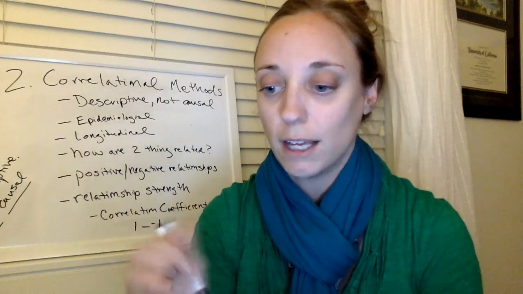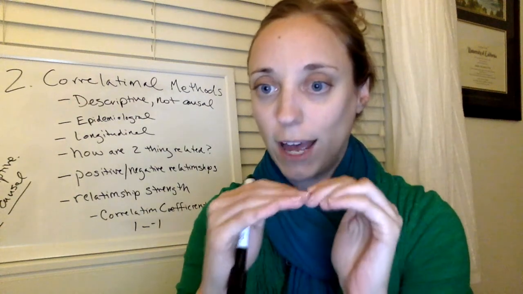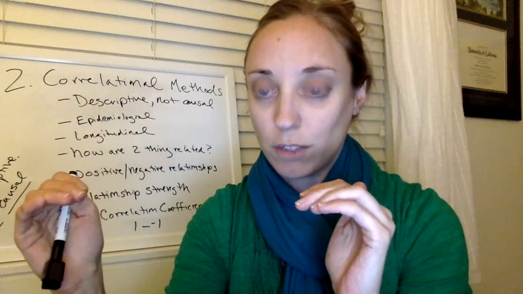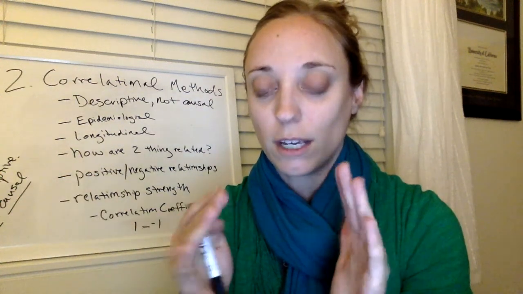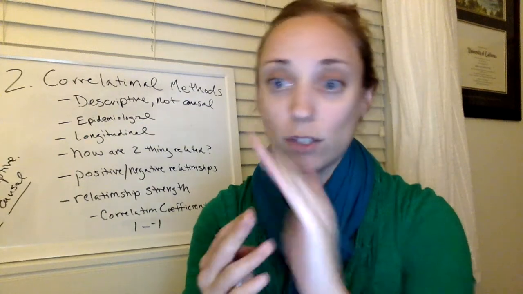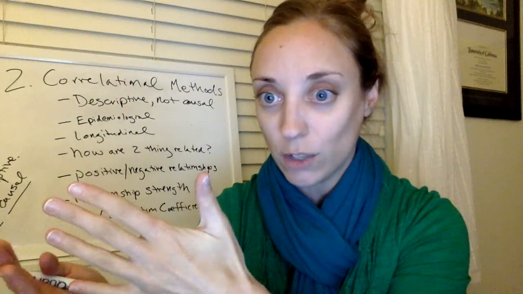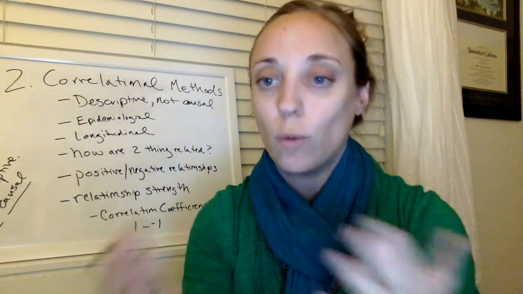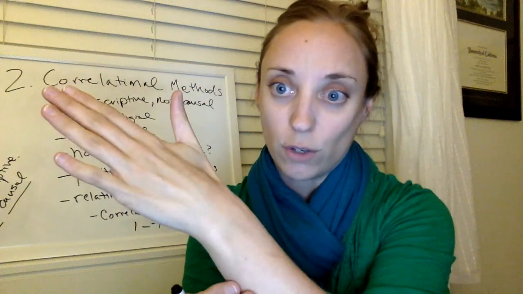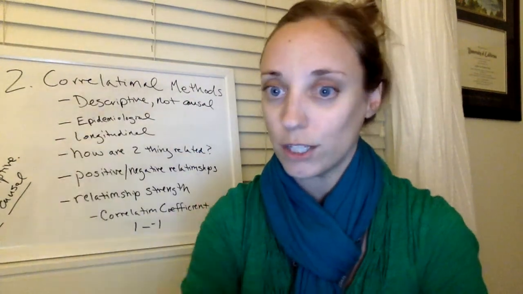So you look at the level of stress on one plane, and the likelihood of being diagnosed with a mental disorder on the other plane, and you see if the more stress someone experiences, the more mental disorders they have been diagnosed with in that population. So what you often see is the higher level of stress, the more psychological disorders are reported. So that is a positive correlation.